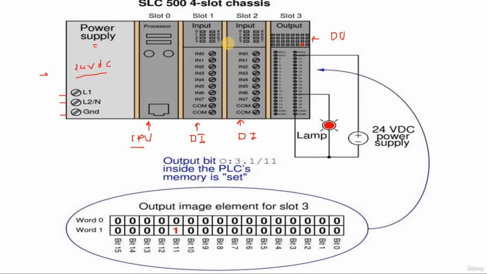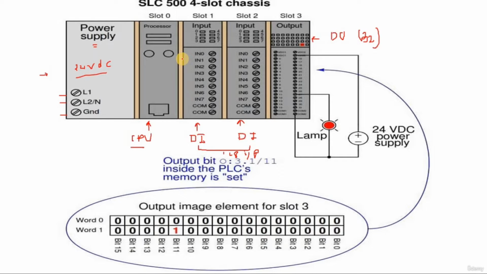If we count the number of digital inputs and digital outputs, you will get to know that in slot number 1 and slot number 2 there are a total of 16 inputs, and in slot number 3 a total of 16 outputs.